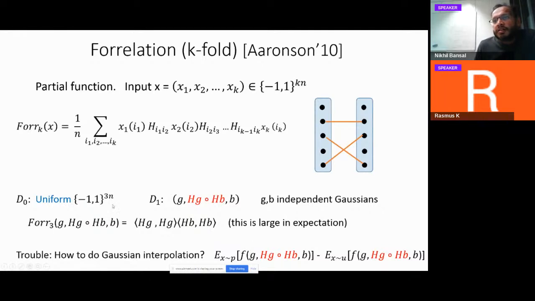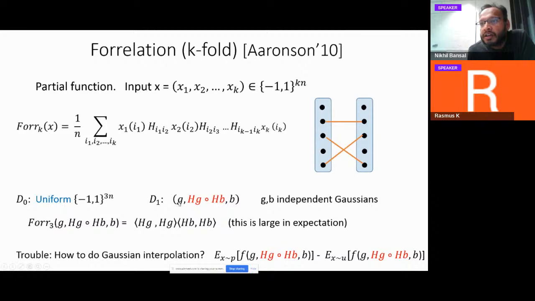It turns out the distribution D0 is just, since I'm looking at k equal to 3, there are 3 blocks of n bits each, and I'll just take the uniform distribution. But for the D1 distribution, earlier when we had only two blocks, it was of the type G comma HG, but now it becomes something more painful.